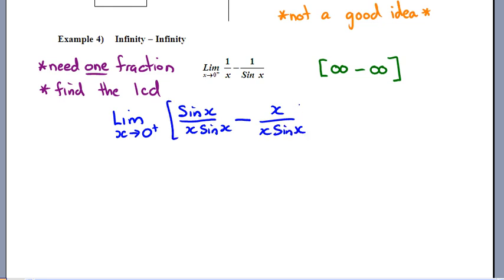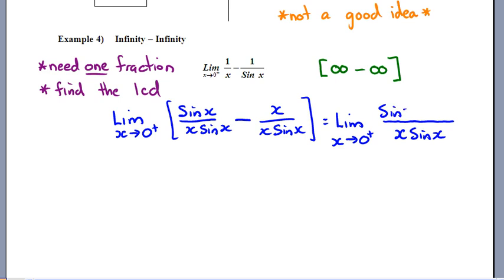Okay, well, now that they've got the same denominator, I could actually go and put them together. That's the same thing now as the limit as x heads to 0 plus of one fraction. The denominator is x sine x, and the top is sine x minus x.